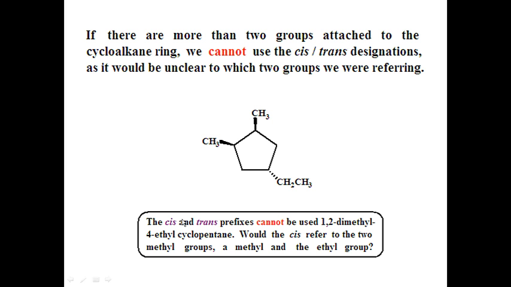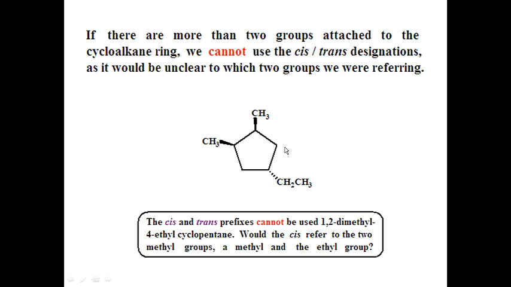And here's a perfect example. If I called this cis, the first question that I would ask would be, well, what groups am I talking about being cis? Or if I said this was the trans and I put that in the IUPAC name, since I have 3 groups, it's not clear what 2 groups I'm talking about being trans.